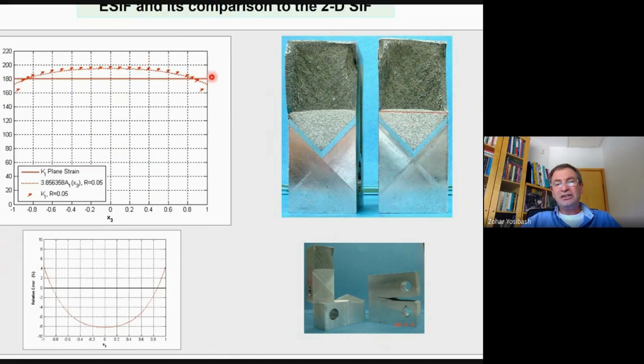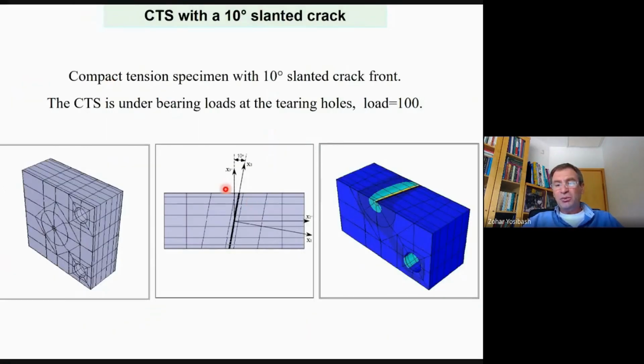And the difference here can be up to 10%. So this is to say that when one uses three-dimensional entities, one should be very careful when interpreting them in a 2D setting.